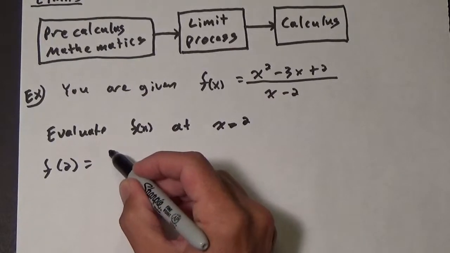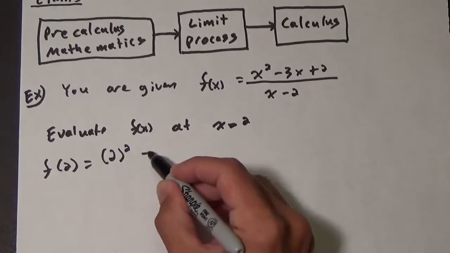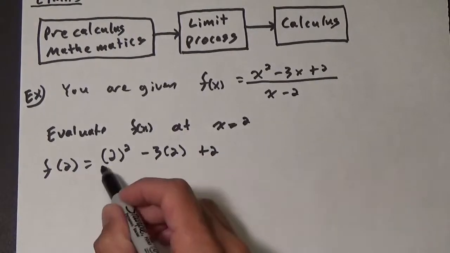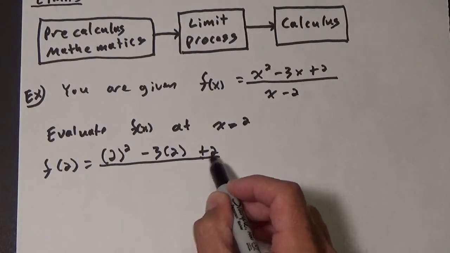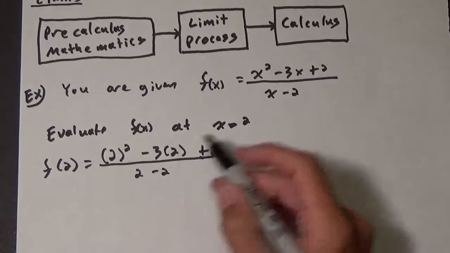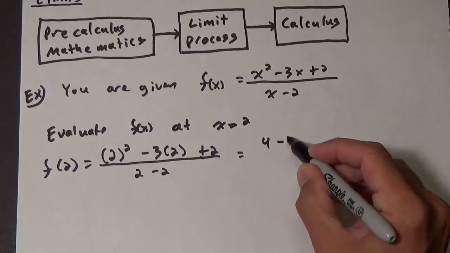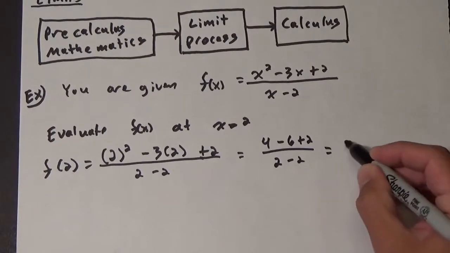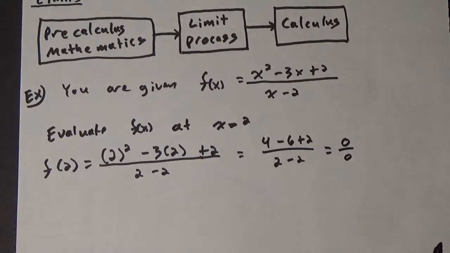We can do that quickly. We have 2 squared minus 3 times 2 plus 2, and then we're going to divide that by 2 minus 2. So let's see, 2 squared is 4, minus 6 plus 2, all over 2 minus 2. And we quickly see that we're going to end up with 0 over 0.